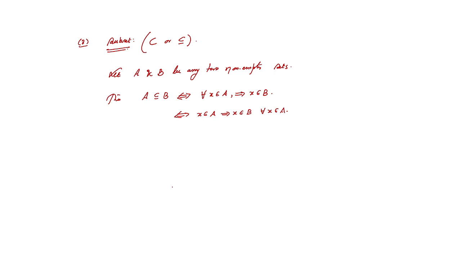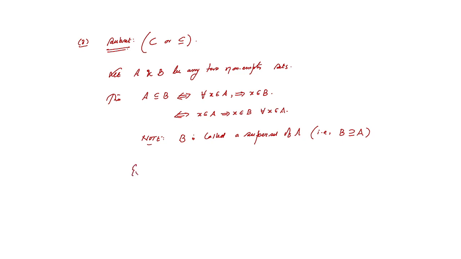Here A is a subset of B and B is called the superset of A. In that way we can write the same thing with respect to subset and superset.